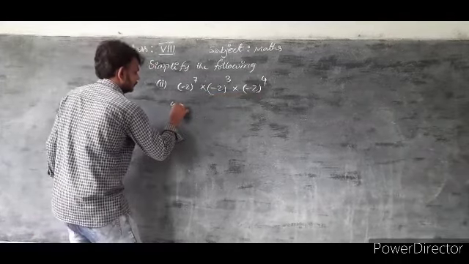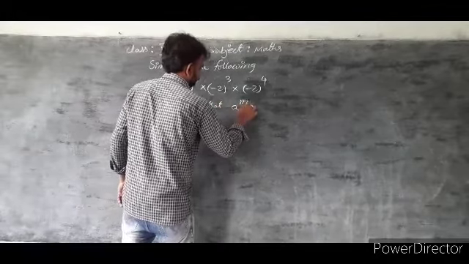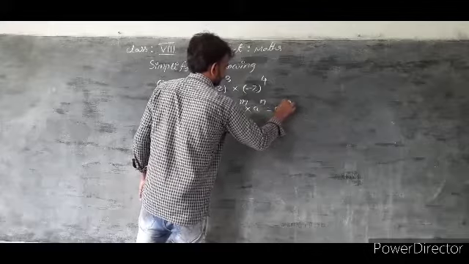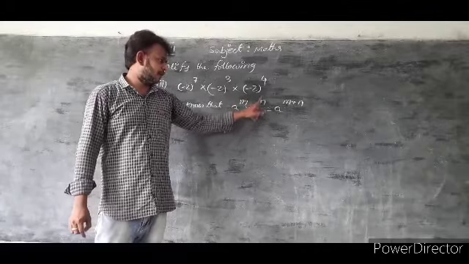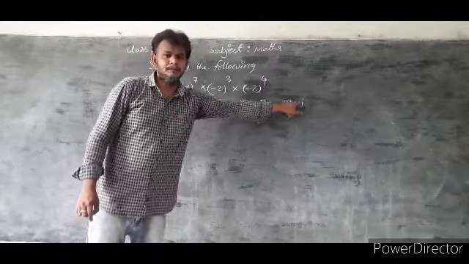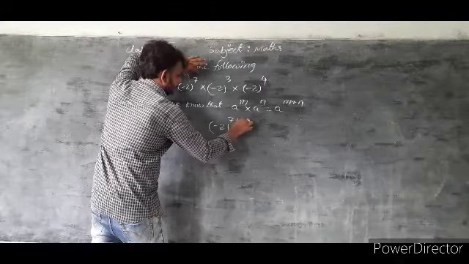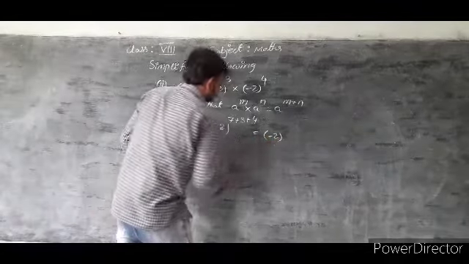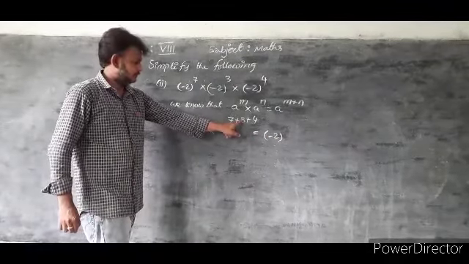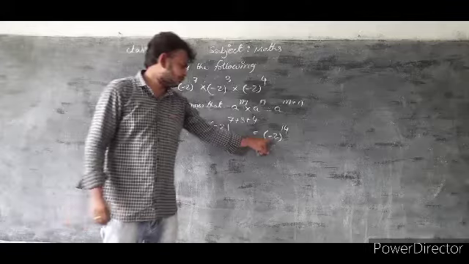We know that a^m × a^n = a^(m+n). In the same way, (-2) to the power 7 + 3 + 4. So 7 + 3 is 10, plus 4 is 14. So (-2)^14.